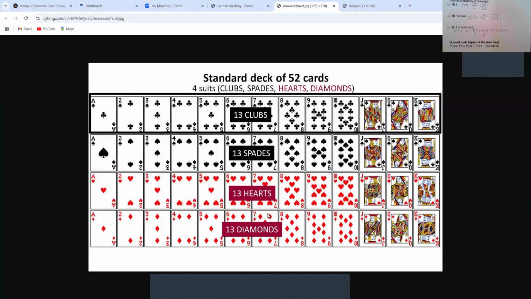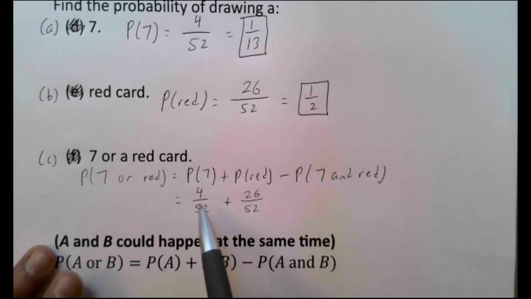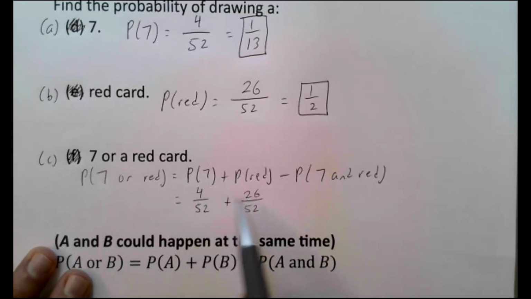And that means we double counted those 2 red sevens. So we need to fix that double counting by the subtraction part right here. Because it shouldn't actually be 30. It should only actually be 28 out of 52 that meet one of those criteria.